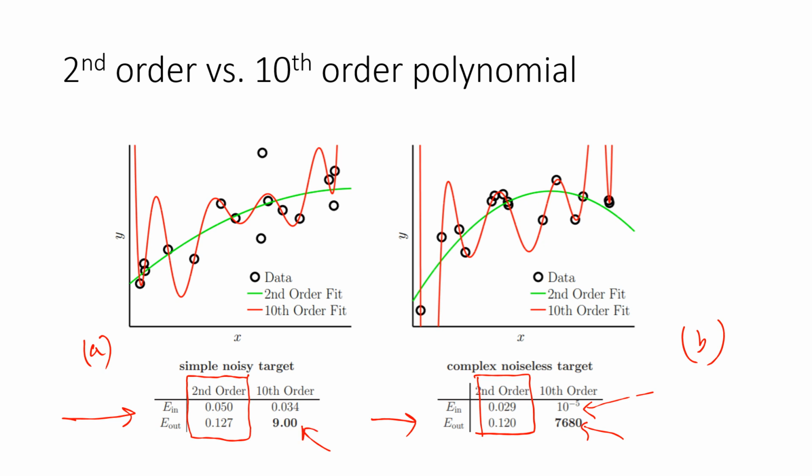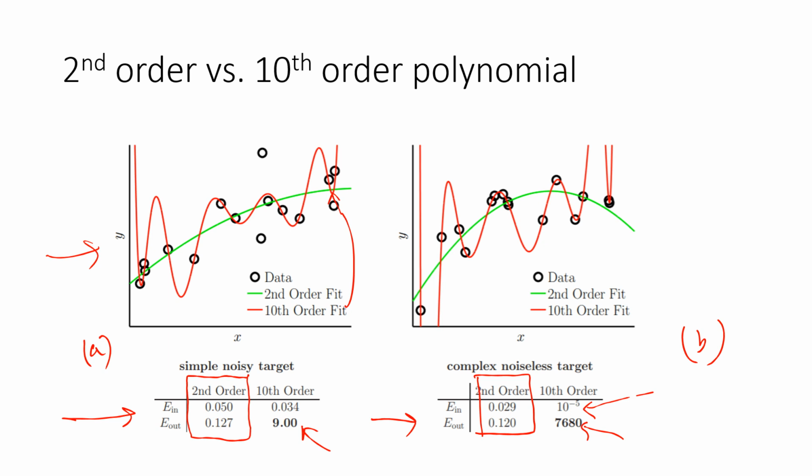Now, what really happened here? Well, we know that the target function in the first case is a 10th order polynomial, and it's possible for my 10th order polynomial to overfit, which is what it's doing here, the red curve. So we are better off ignoring the knowledge of the data being 10th order, and using the simpler model, because we have measurement error in the data.